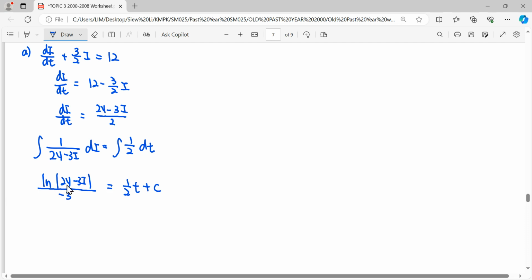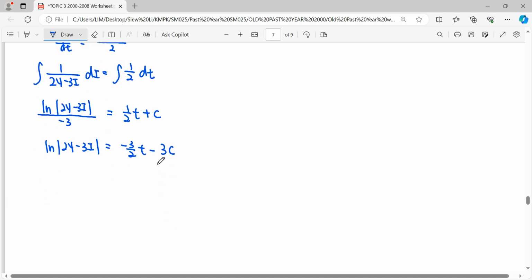Then we simplify until we get I at the left hand side, the rest of it move to the right hand side. So we multiply by -3 to the right hand side. Then we remove the log, it will be e to the power of -3 over 2 t minus 3c.